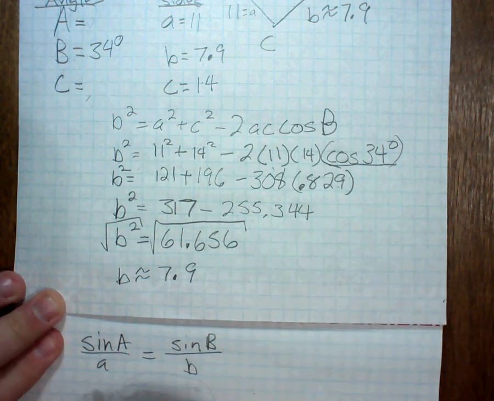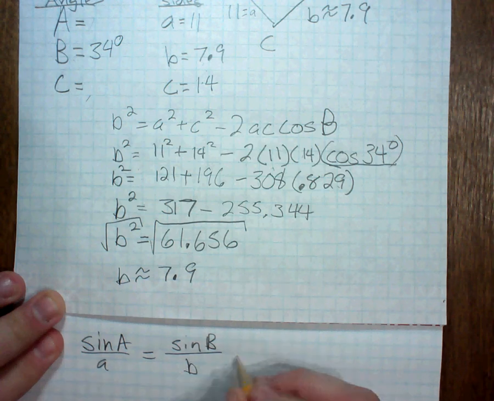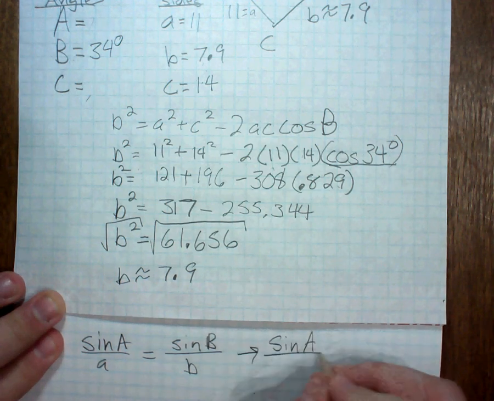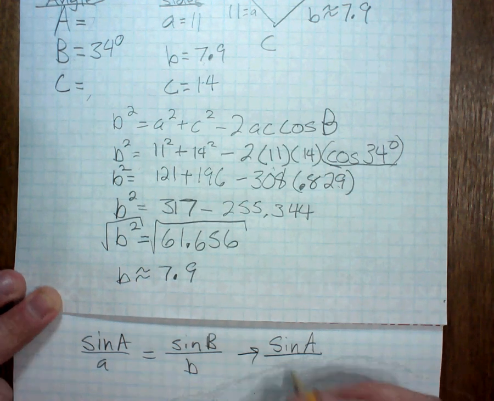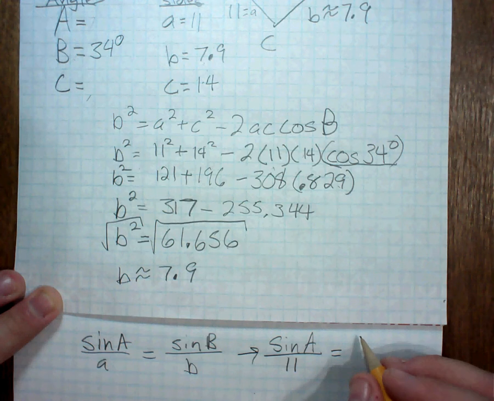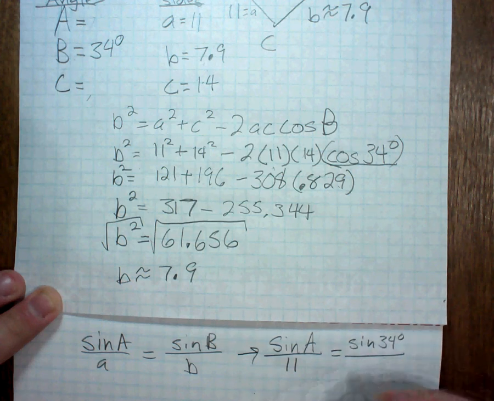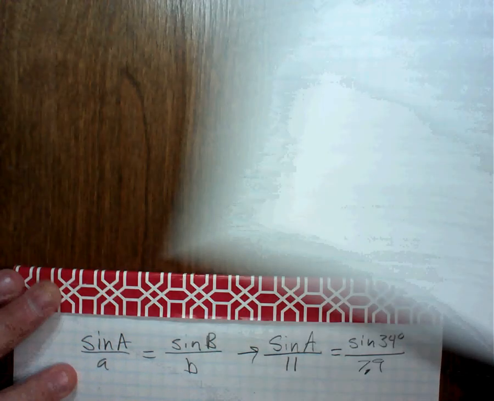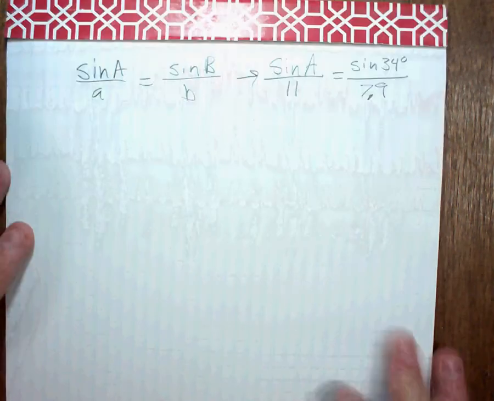So then that becomes sine of capital A all over A, which is 11, is equal to sine of 34 degrees all over B, which we just found to be 7.9. Okay?